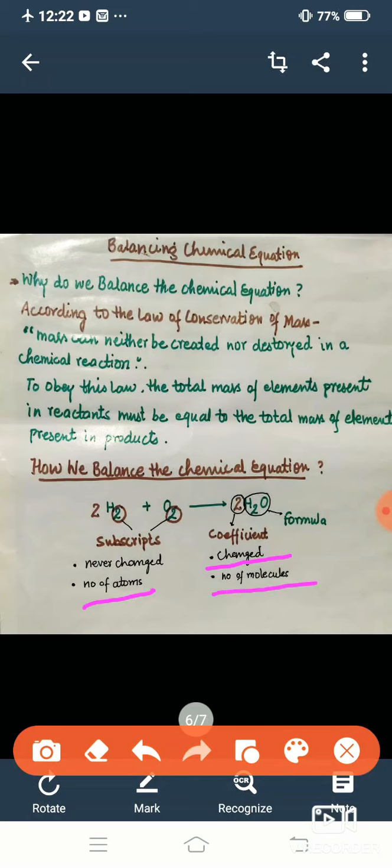The coefficient shows the number of molecules. This is the basic concept for balancing the chemical equation. Always remember that subscripts are never changed, coefficients can be changed.